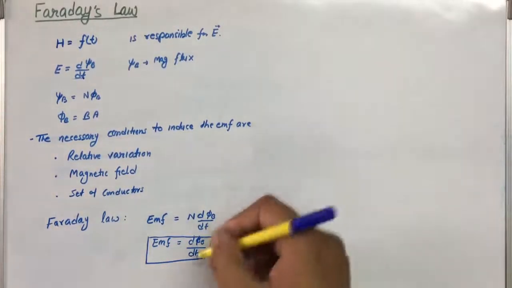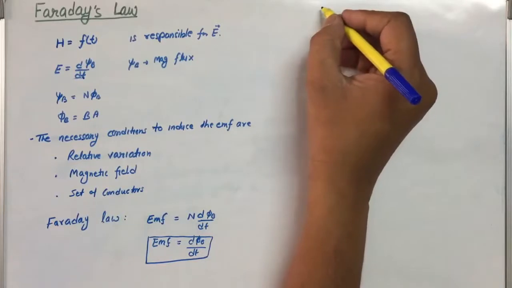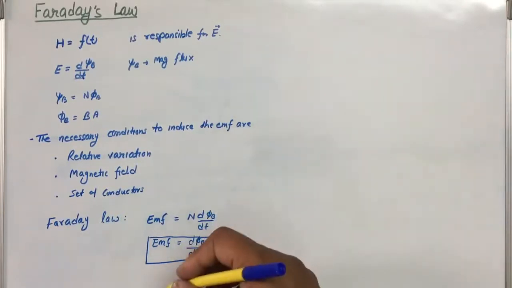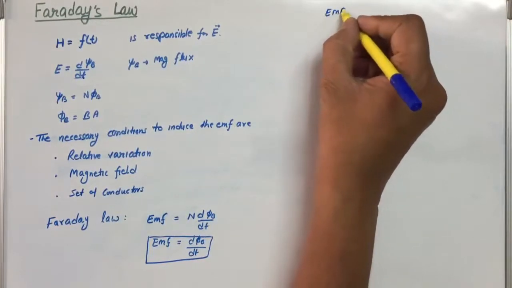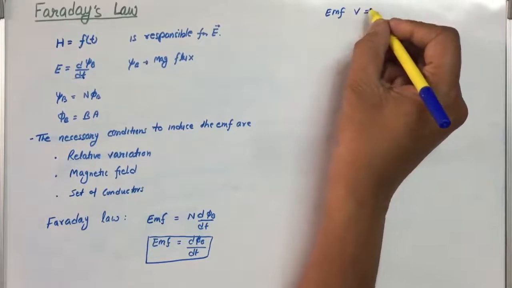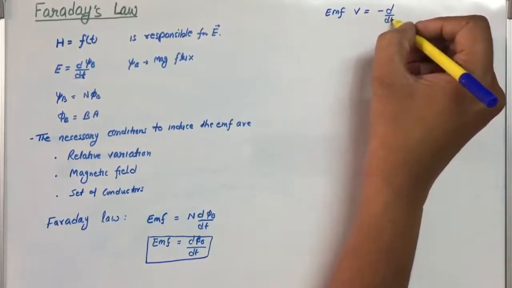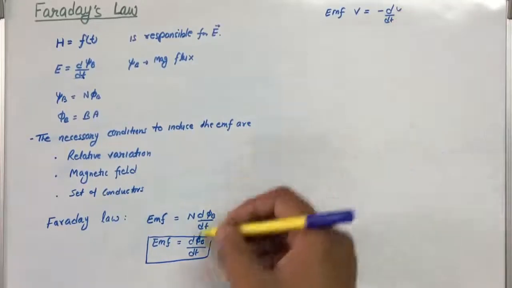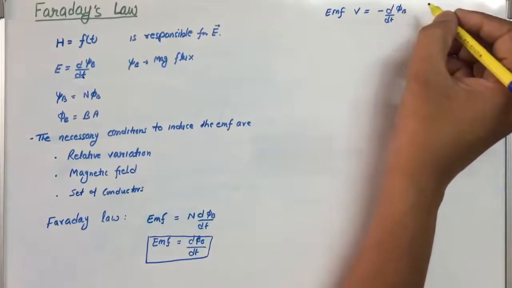And Lenz modified the Faraday's law by adding the negative sign in induced EMF. He said that induced EMF, let us show it by V, is equal to minus d over dt of phi b.